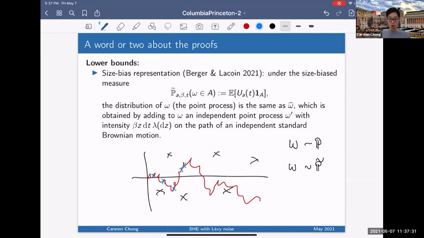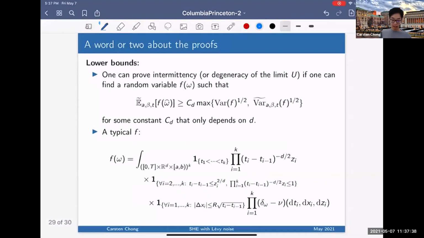Now, what you want to do is find a functional, a random variable, such that its expectation under this new measure is much larger than, first of all, the standard deviation of the same functional under the original measure, but also much larger than the standard deviation under the new measure.